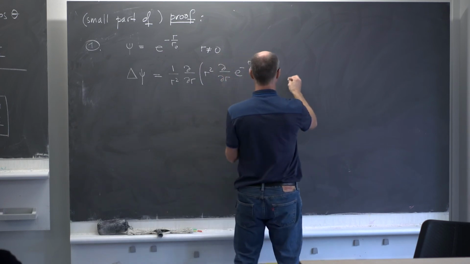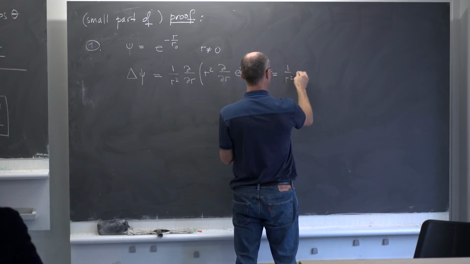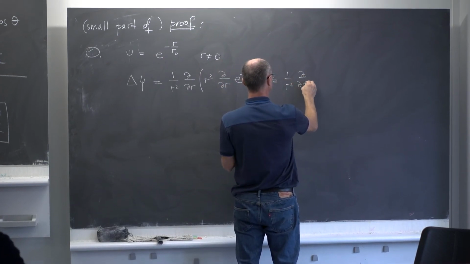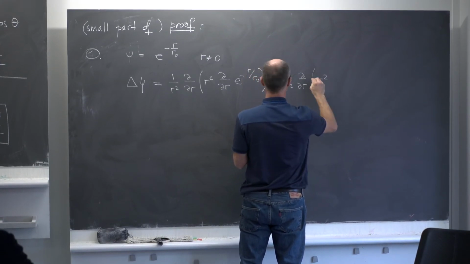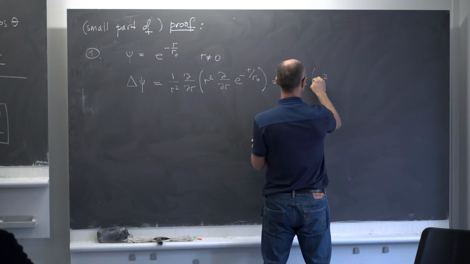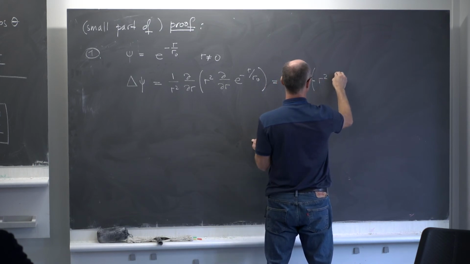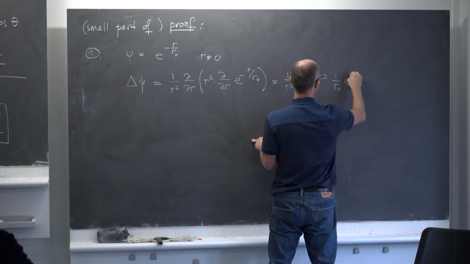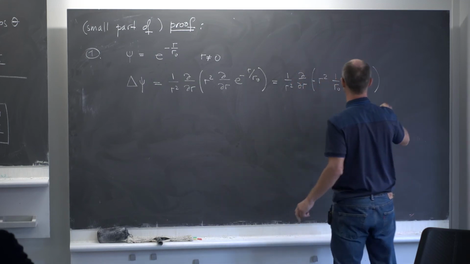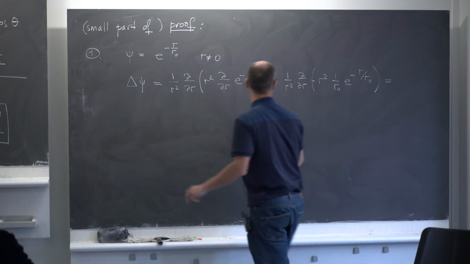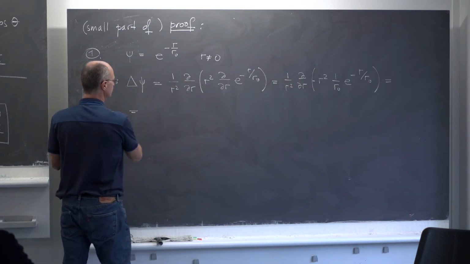Well, what does it give? 1 over r squared d over dr, and here r squared times minus 1 over r0 exponential minus r over r0. And what does it give?